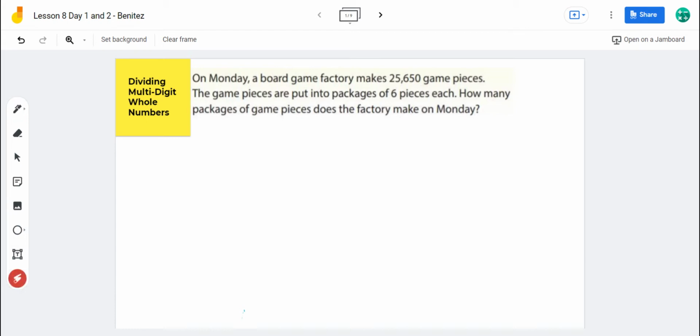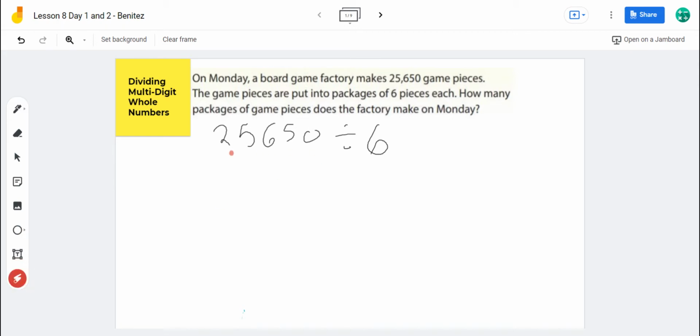So they're asking us to take this number and divide it by the 6 pieces in each package. So immediately I'm going to write it like this. 25,650 divided by 6. That is the problem they're trying us to do.